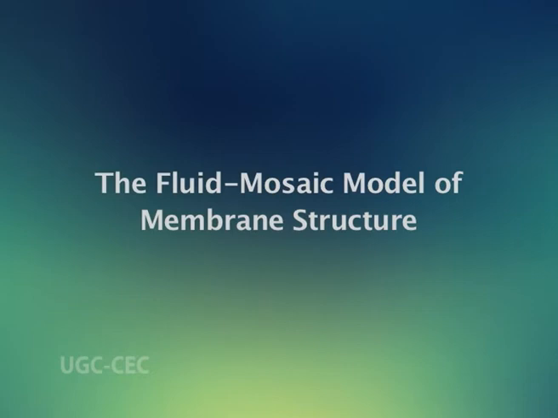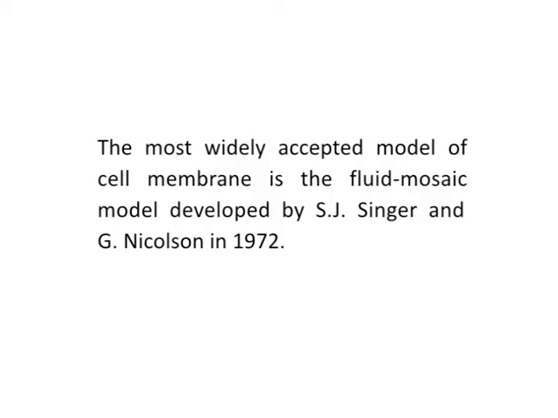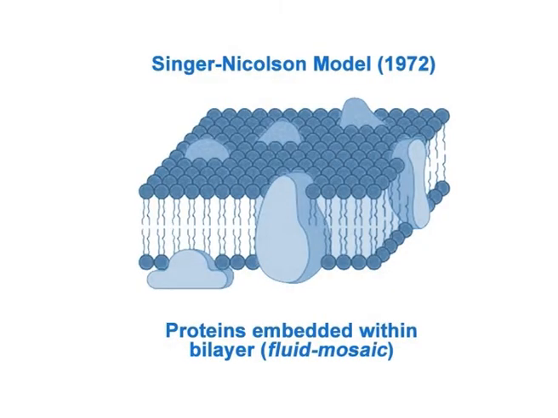Next, we have the Fluid-Mosaic model of membrane structure. The most widely accepted model of the cell membrane is the Fluid-Mosaic model developed by S.J. Singer and G. Nicolson in 1972. They proposed that a membrane was a flexible bimolecular lipid layer which was interrupted by proteins.